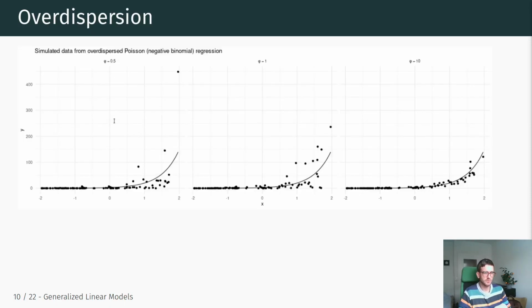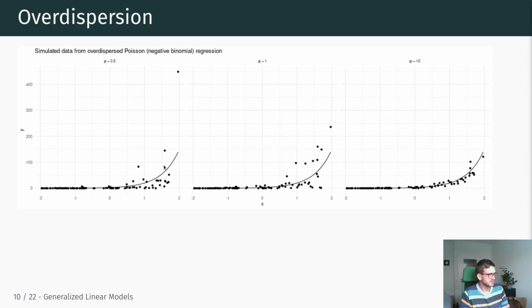In order to see what exactly this would look like, we have an additional parameter phi that can introduce additional variation or less variation conditional on x. Here in the center, we have a case where we have no overdispersion.